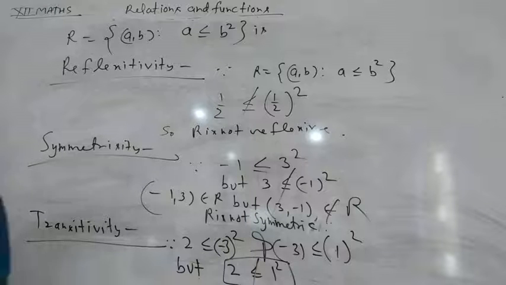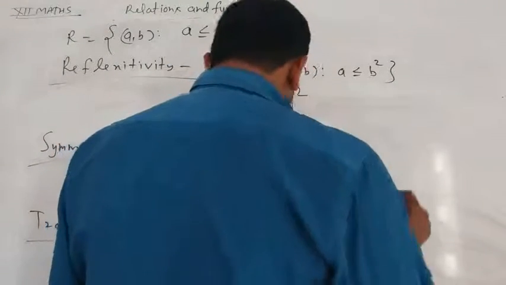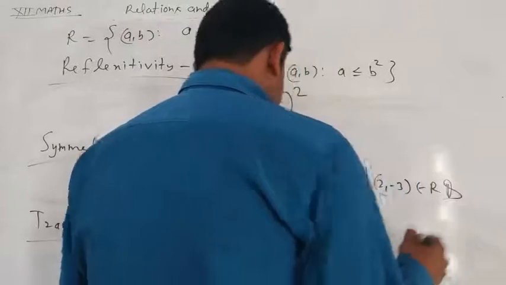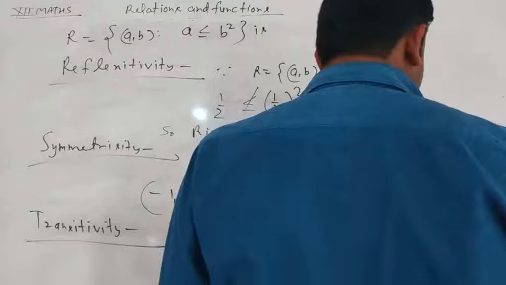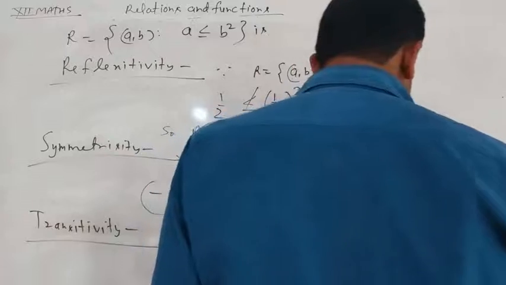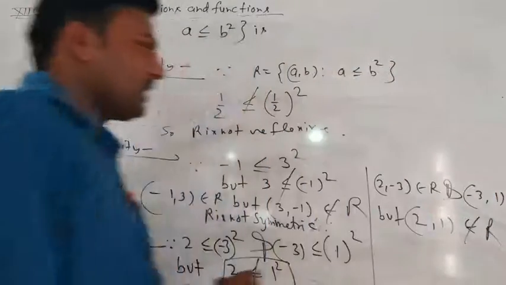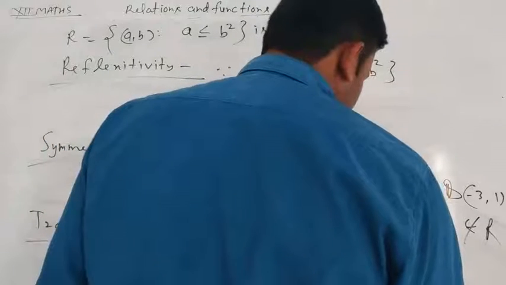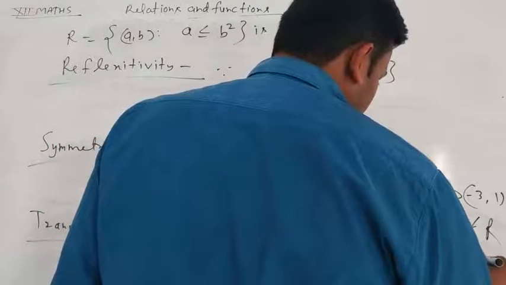So either we can say that (2, -3) belongs to R and (-3, 1) belongs to R, but (2, 1) does not belong to R. Okay, so student, R is not transitive.